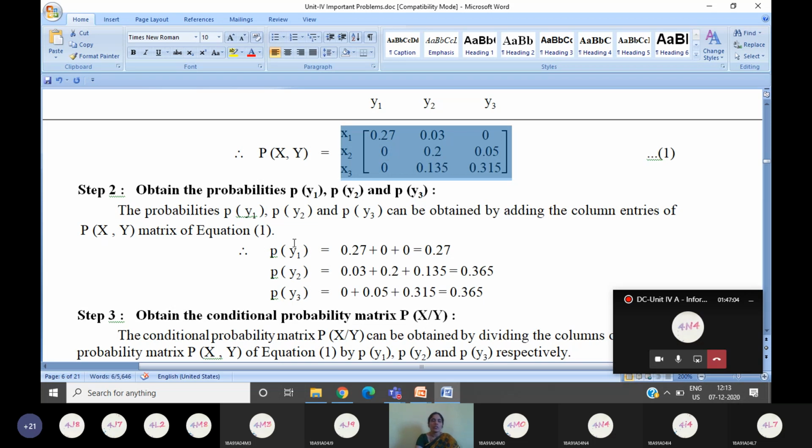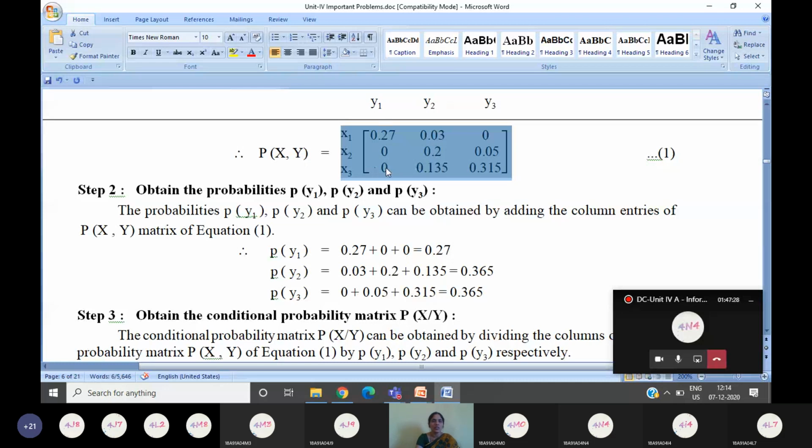We said division. So P of xy divided by P of y means 0.27 divided by 0.27, 0 divided by 0.27. The third element of the first column is 0, 0 divided by 0.27.